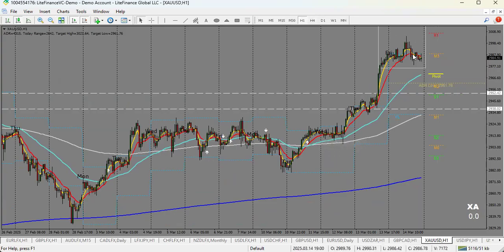We have three clear levels going up. We had our ADR boxes drawn and they have completed. So I should be expecting price to have a retracement and then a continuation going up. The overall trend is bullish, but we should have at least a bit of correction before going up. And that is on gold.